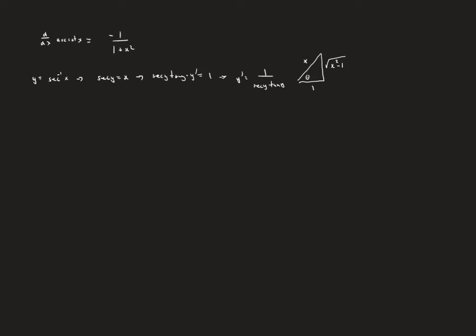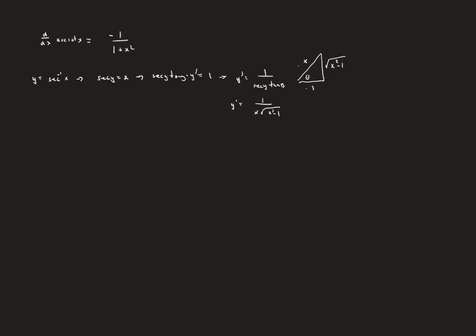So it would appear that y prime is going to be 1 over, and the secant of y is hypotenuse over adjacent, which is x. The tangent is opposite over adjacent, which is the square root of x squared minus 1.